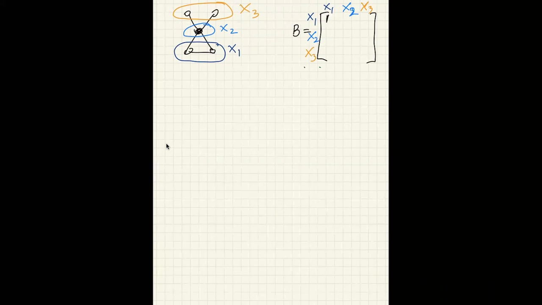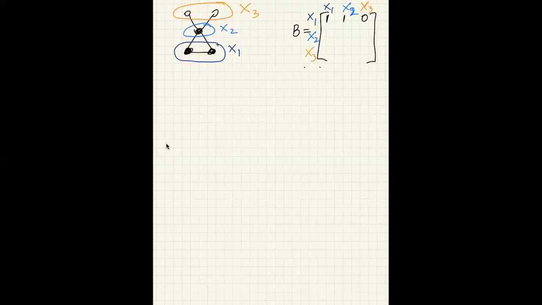If we look at the position corresponding to x1 to x2, if I pick a vertex in x1, one of these two, what's the number of neighbors they will have that live in x2? In this case, that number will also be 1. And then from x1 to x3, we have 0, so we put 0. And now we go to x2.